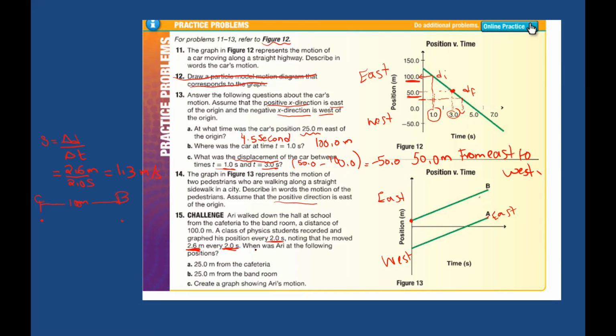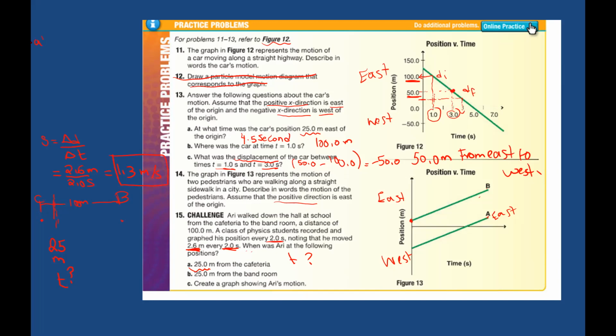The question is asking, when was Ari at the following positions? When, meaning time. What time was he 25 meters from the cafeteria? So 25 meters over here. What time was that? By that, we want the T final. Since the speed was constant, I can use this value. I'm going to do part A at the top.